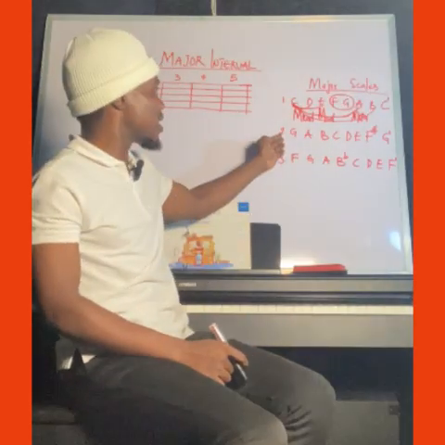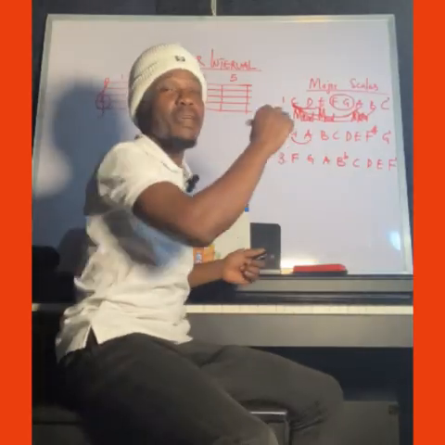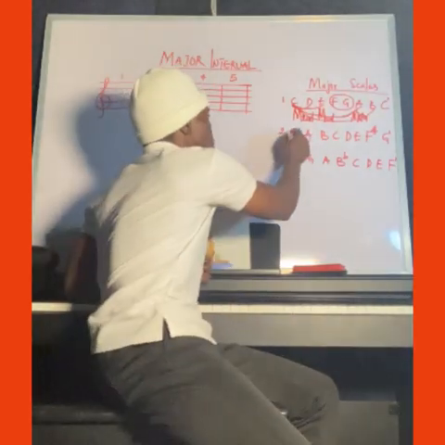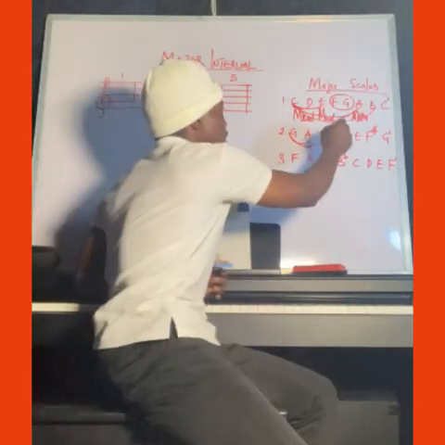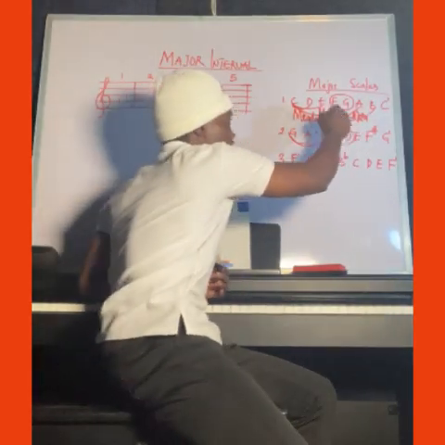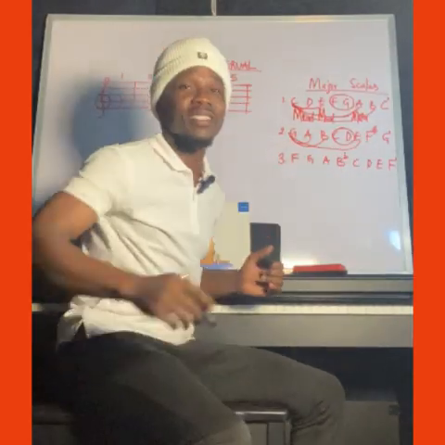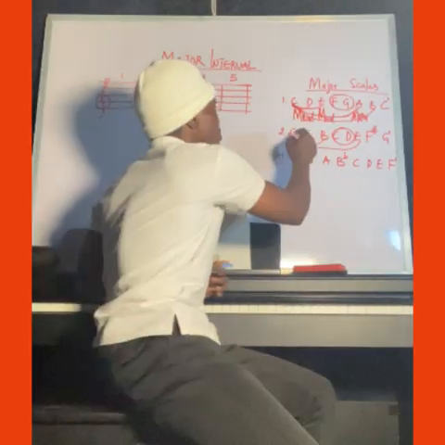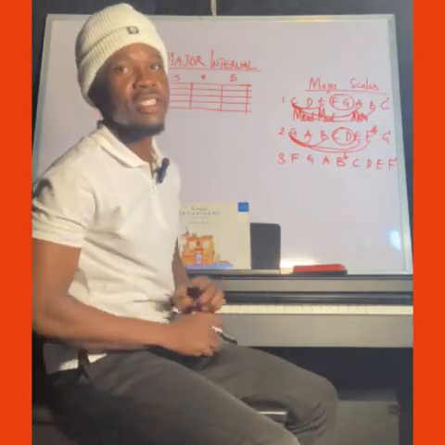Okay, the same thing here also from G to A, major second. From G to B, major third. We'll skip the fourth and the fifth again. We move from G to E, that is the sixth, major sixth. From G to F sharp, major seventh.